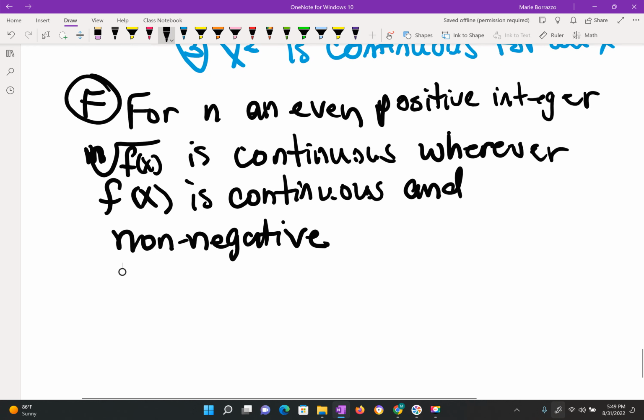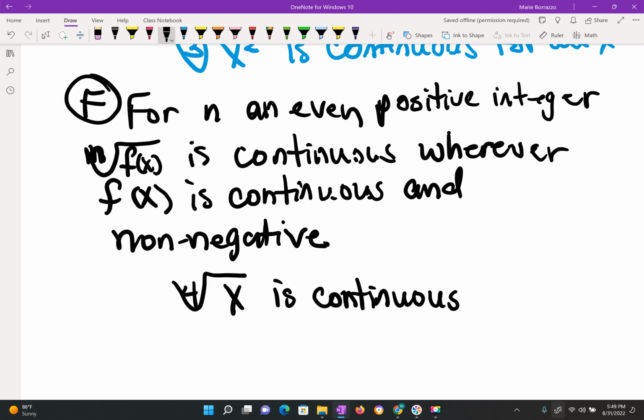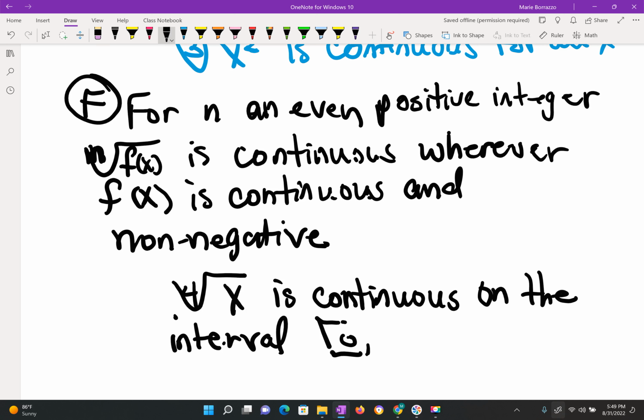So an example of this would be, say I have the fourth root of the square root of x. We would say this is continuous on the interval where I have 0 inclusive, comma, positive infinity. So let's do some examples that'll help us with this and understand this.